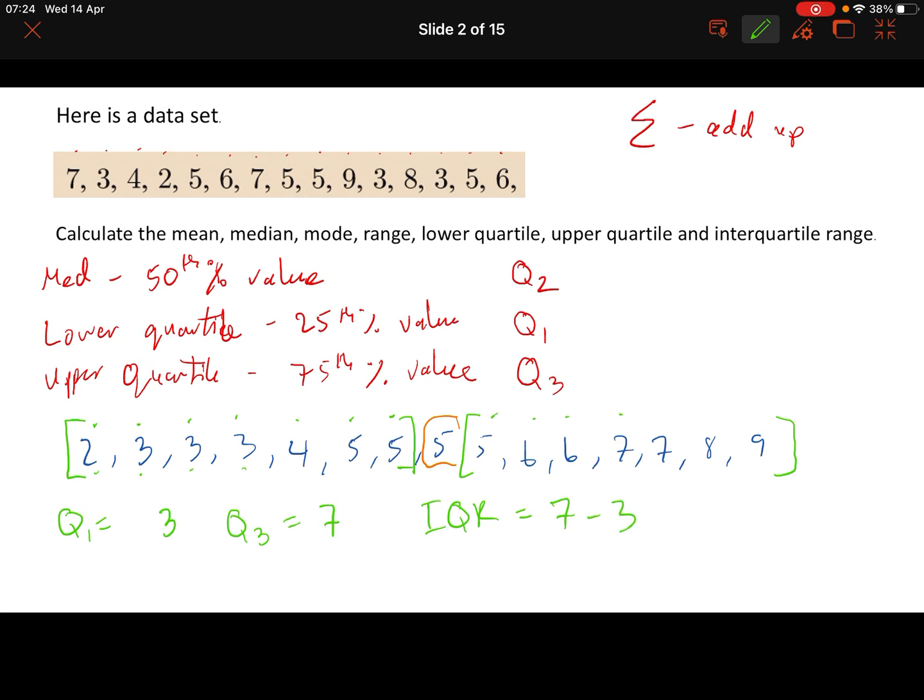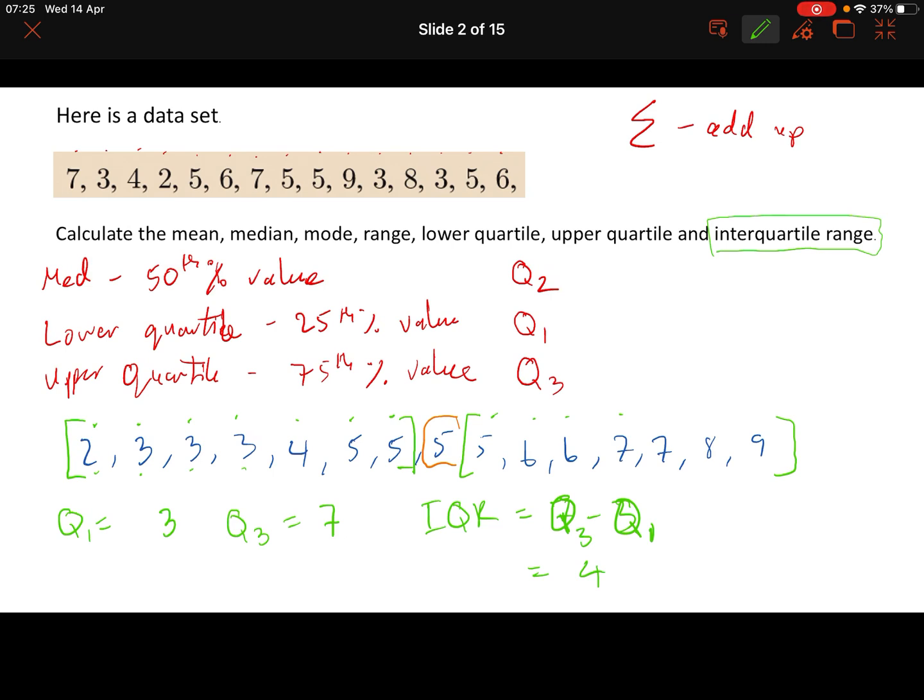Well, that's to say Q3 minus Q1, and so that would be 4. So interquartile range is equal to 4. The range is 7, the interquartile range is 4. So both the range and the interquartile range are measures of how spread out the data is, which is a very, very important thing to know about data.